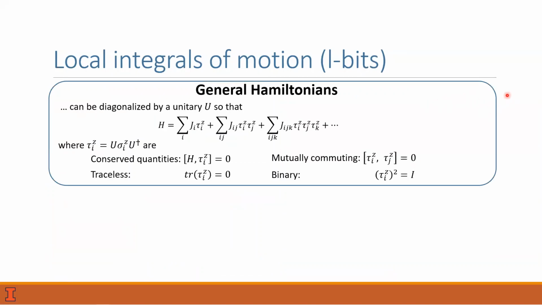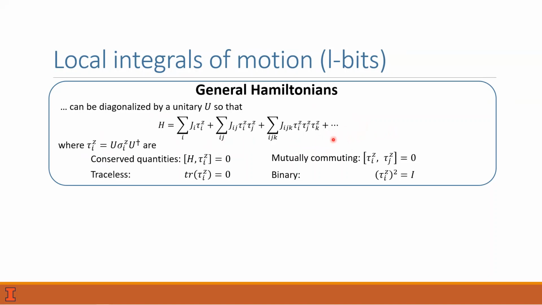First, for a general Hamiltonian, you can find a unitary U that diagonalizes it. From that, you can construct these operators tau i z, which are U sigma i z U dagger. From these tau i z operators, you can re-express the Hamiltonian in a form that is a sum of these tau i z's plus sums of products of these tau i z's.